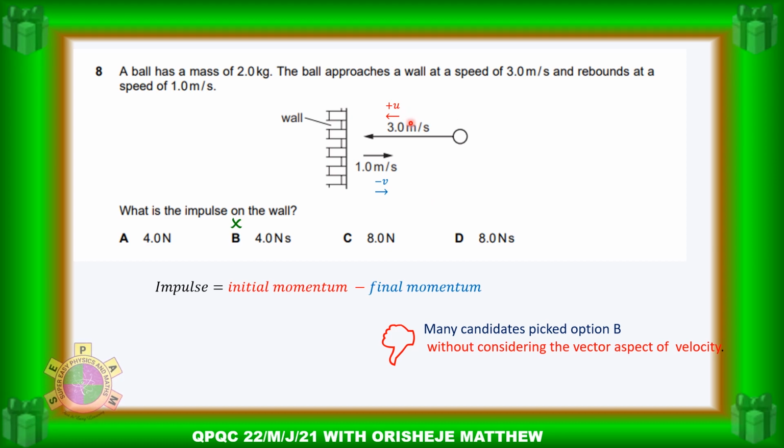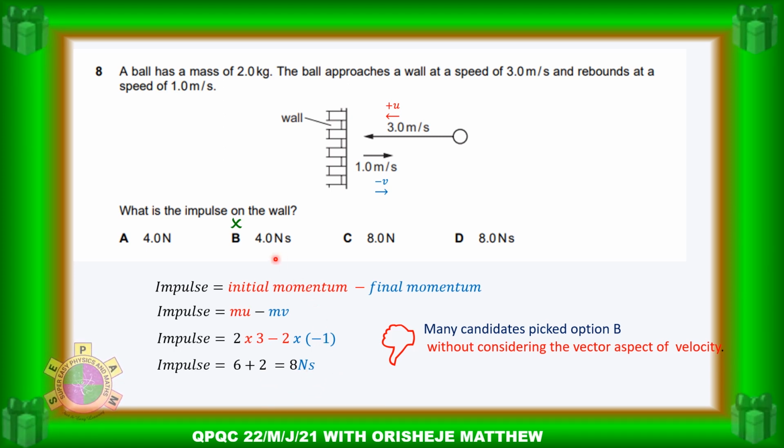So if you take the direction going to the west, the initial direction of the velocity, as positive, then the final velocity will be negative. So put that. If you do the calculation, it will become 8 Newton second.